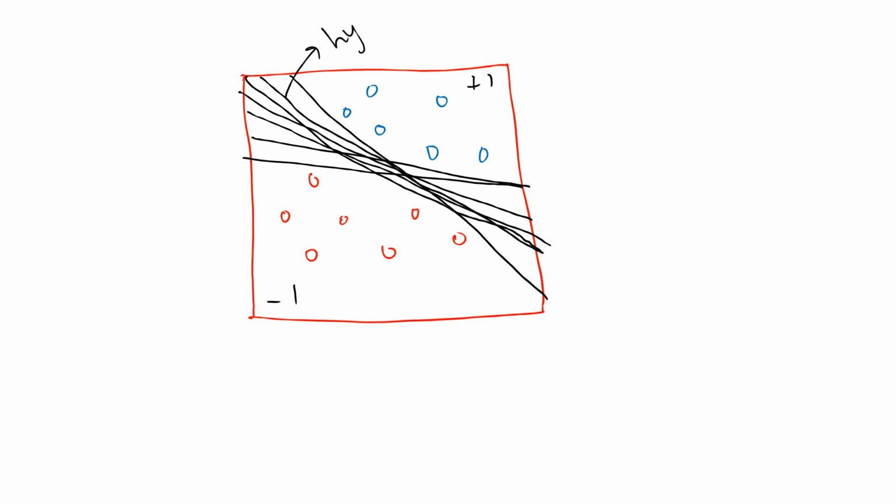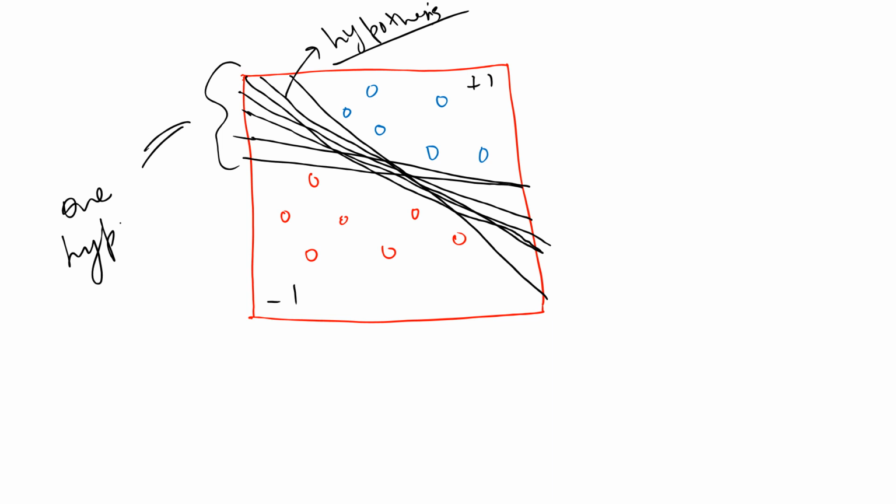Individually, each of them is categorizing the data correctly. But all those hypotheses, and their number, will be counted when I'm doing the theory of generalization. So having all of them in my H seems irrelevant, because actually this entire set of hypotheses, whatever their number, is effectively one hypothesis.